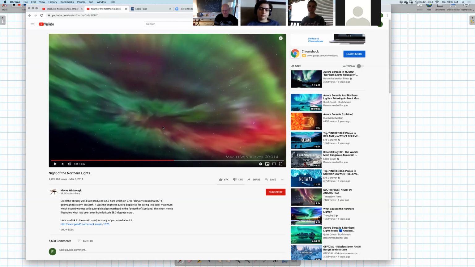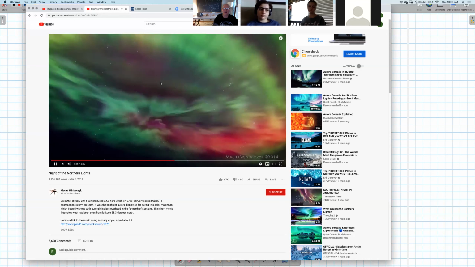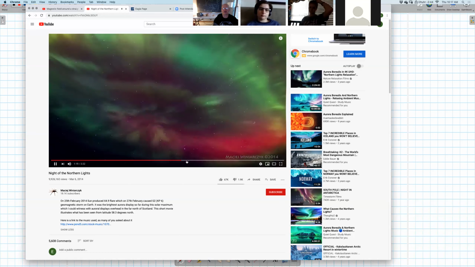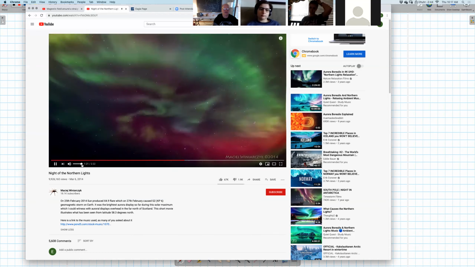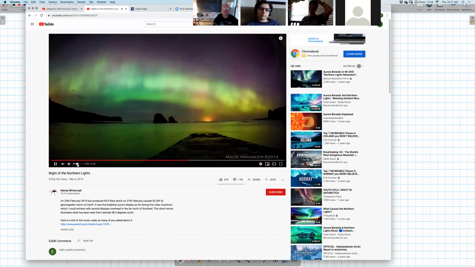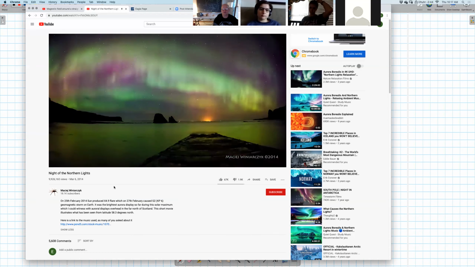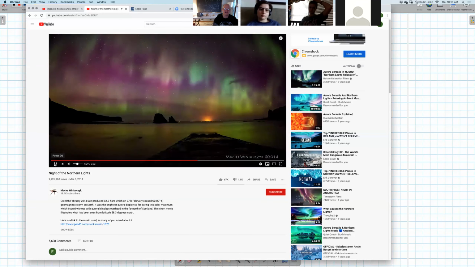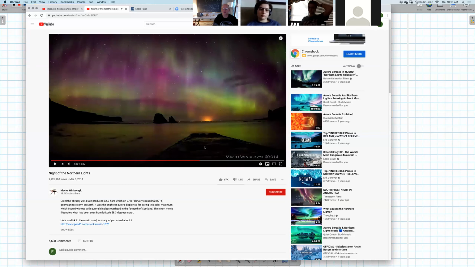Meaning the more sunspots that you have, the more charged particles are being sent from the sun to the Earth. So you get a lot more activity of the northern lights during a lot of solar activity, meaning a lot of different sunspots. If there are not a lot of sunspots, then there's typically not a lot of activity in the northern lights. But again, that's all the northern lights are.